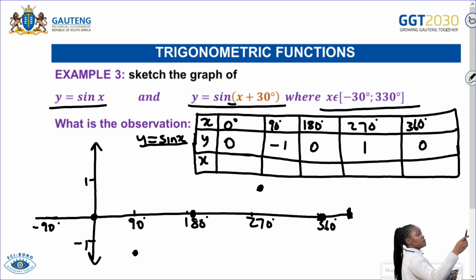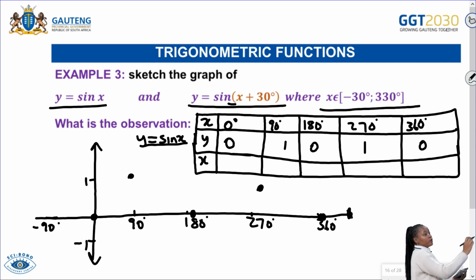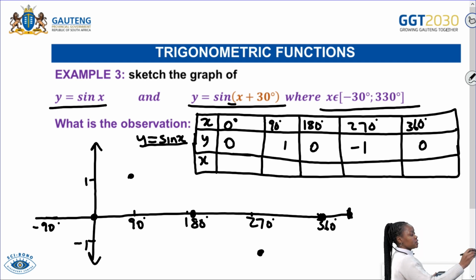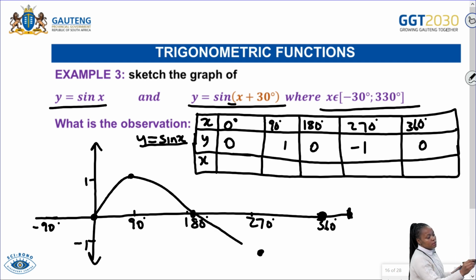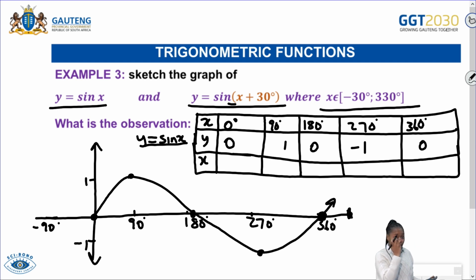Oh no, it's not -1, it's +1, forgive my mistake. It's +1 up there, and then you'll have 180 as 0, and then at 270 it's going to be -1, and then at 360, you have the 0. So your graph is going to go like this. That's your mother graph of sine.